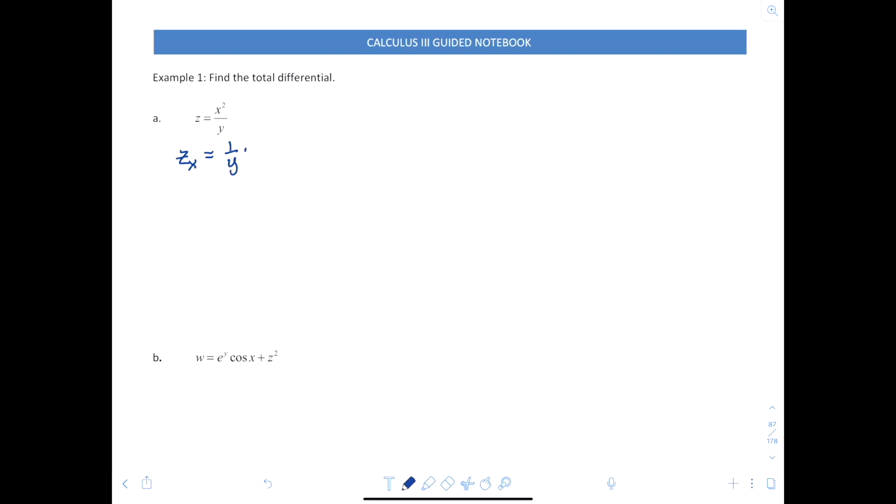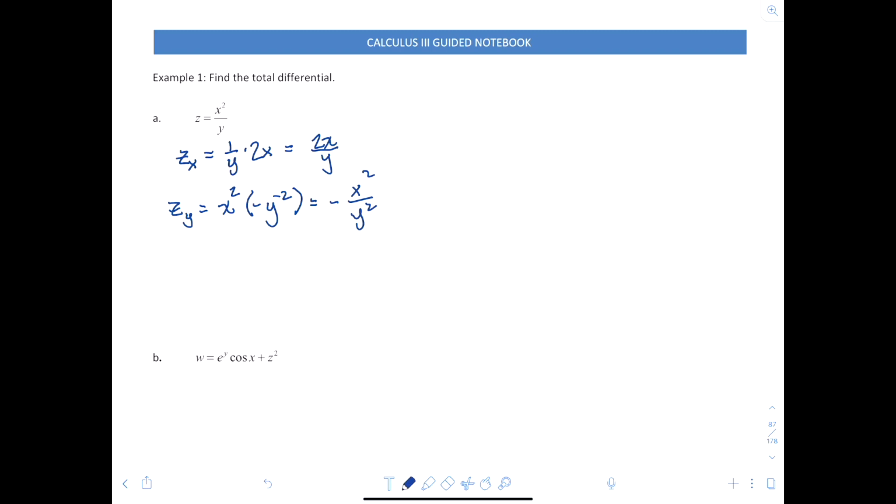So 1 over y times 2x, which in turn would be 2x over y. And then zy would be what? Awesome. The x squared would now be treated as the constant. And then we've got y to the negative 1, so we'd have negative y to the negative 2. And so that in turn would equal, good, negative x squared over y squared.